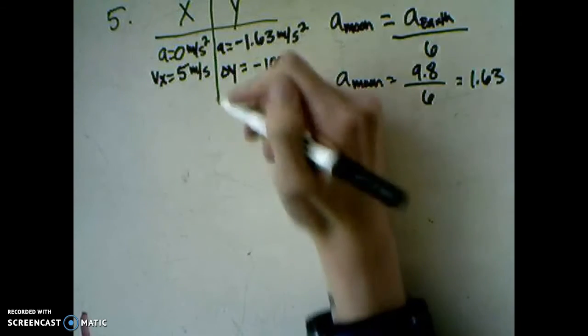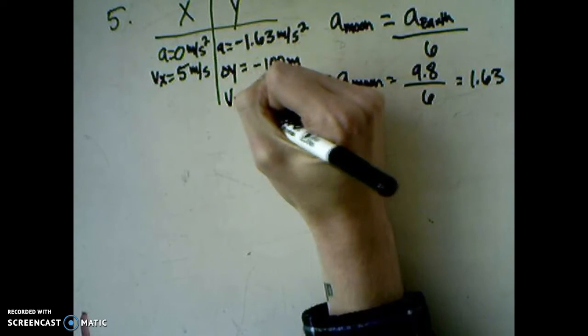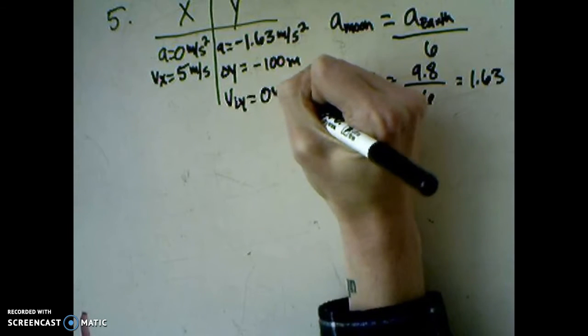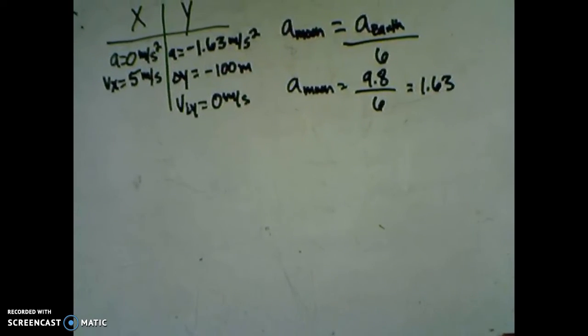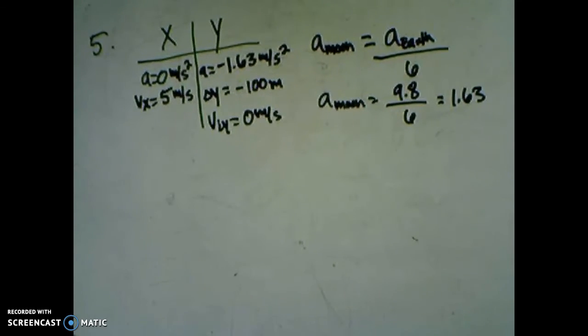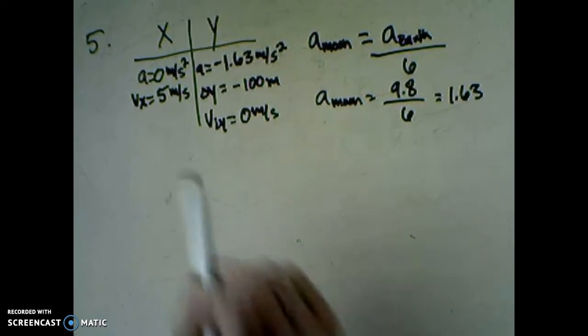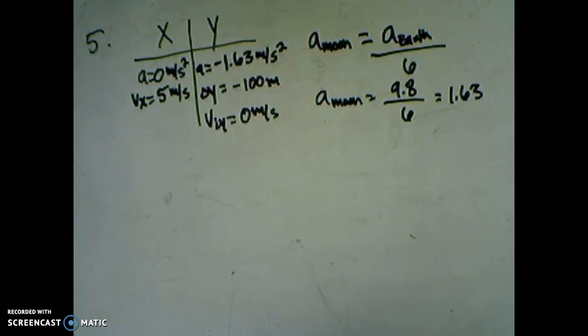Because it's thrown horizontally, I also have my final piece, and that's that v_iy is 0 meters per second. So as with the previous couple of problems, this one is a horizontal only velocity piece.